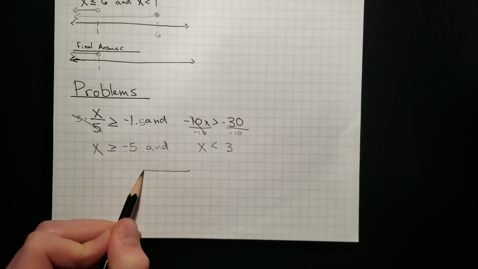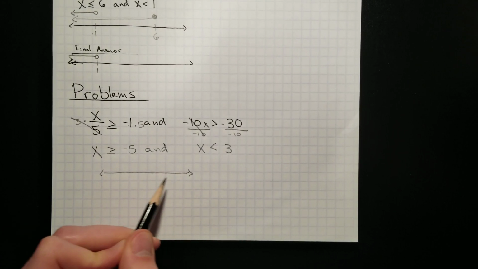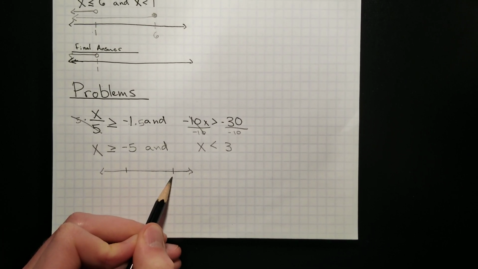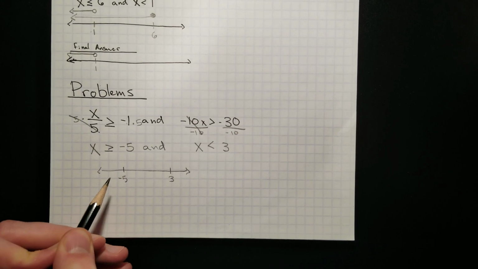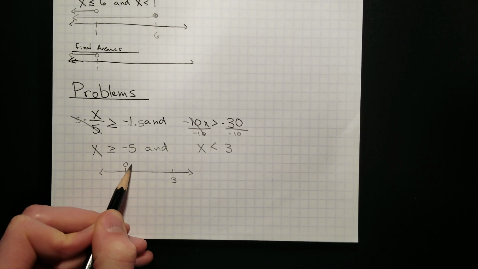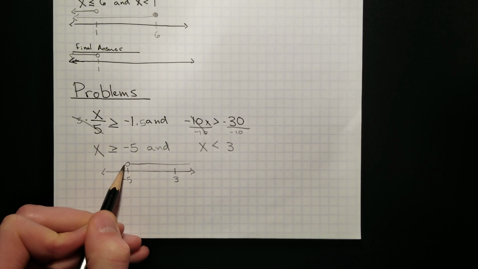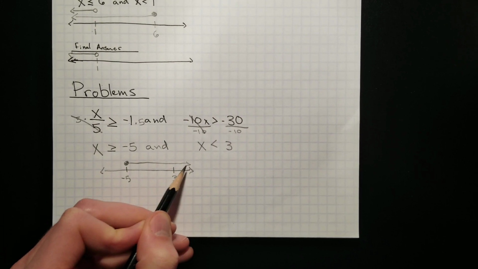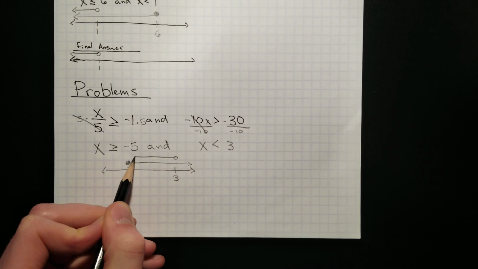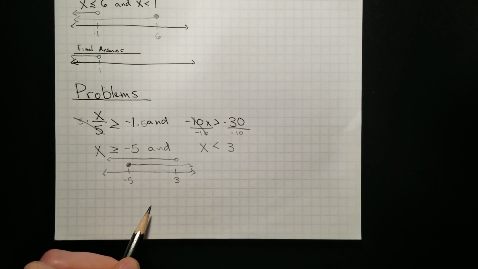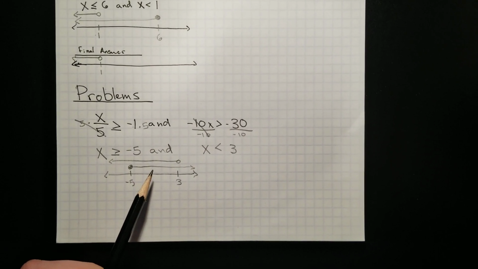So when I graph this, draw the line, we have a -5 and a 3. And x is going to be greater than or equal to -5, so I fill that in, and less than 3. This is the kind of example where I have two lines crossing.